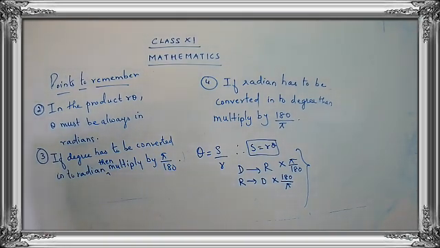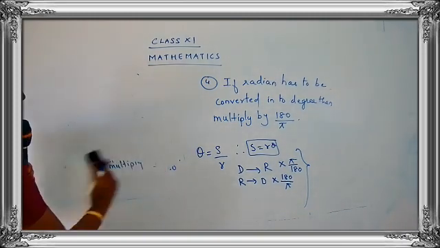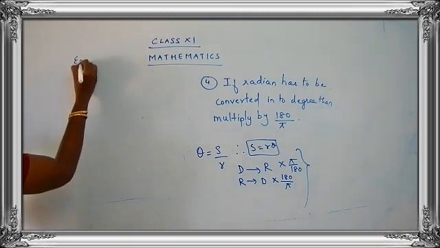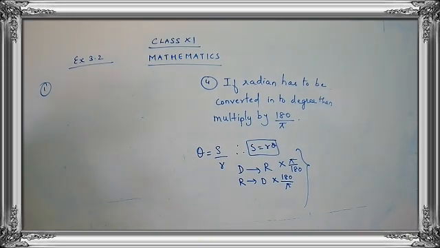Take down exercise 3.2 and take on the first question. What is the first question given to you? Express each of the following angles in radian measure. Write down the first question.